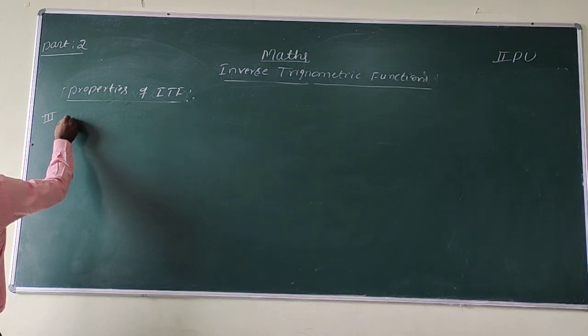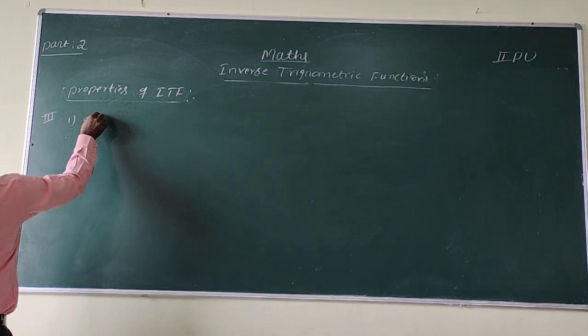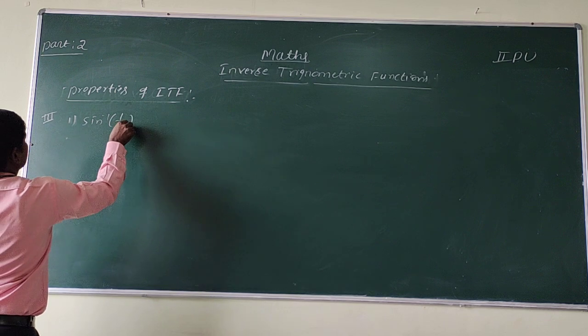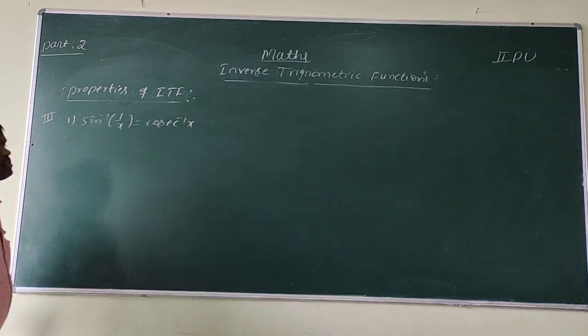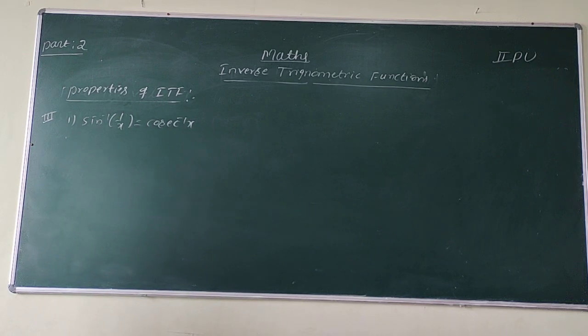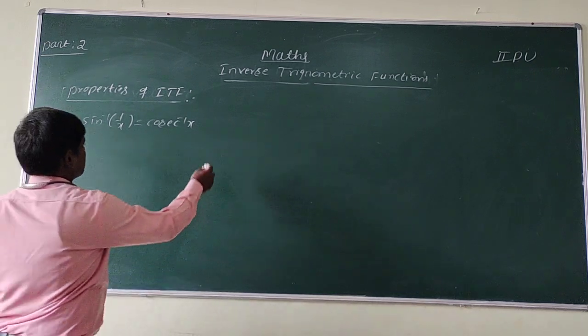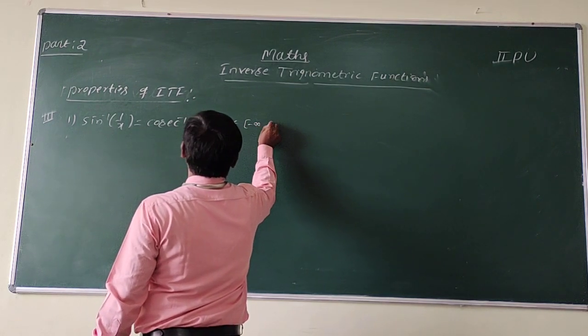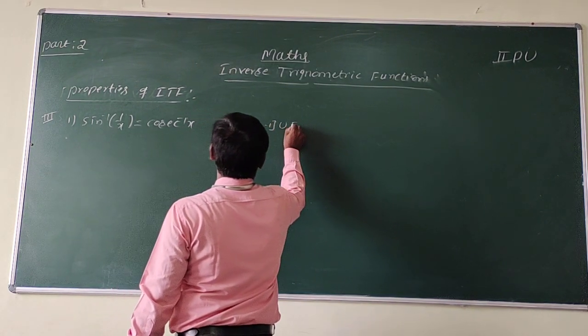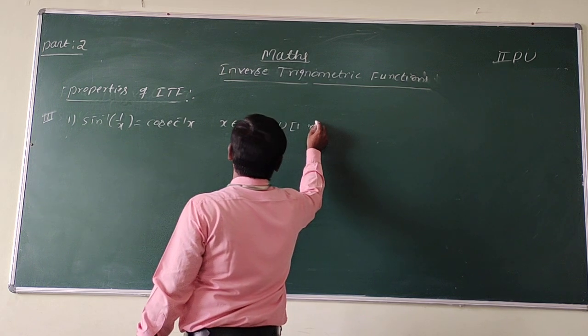So first one is sin inverse of 1 by x is equal to cosecant inverse of x. The condition is x belongs to minus infinity to minus 1 union of 1 to plus infinity.